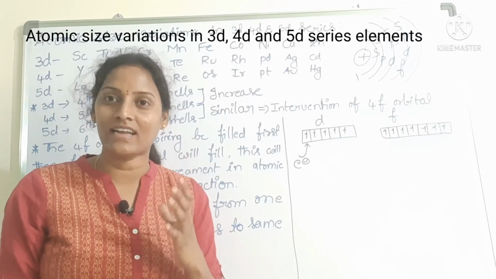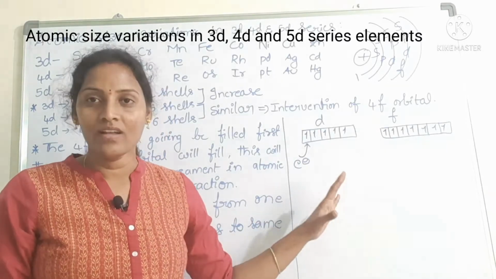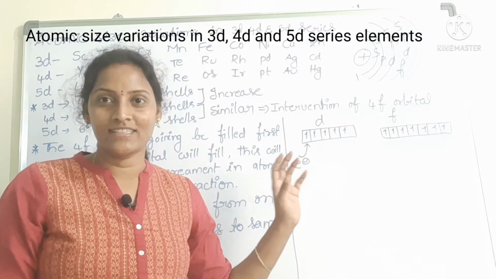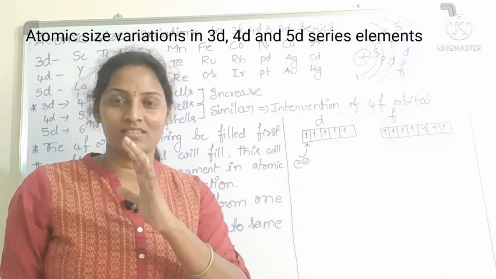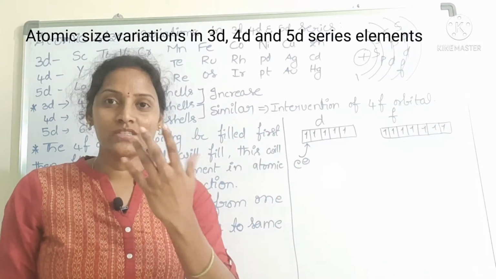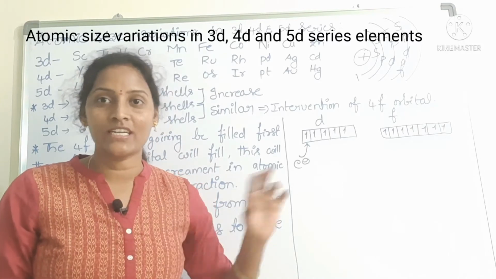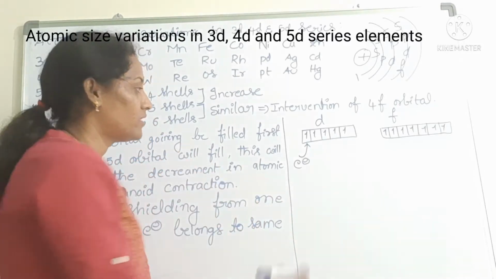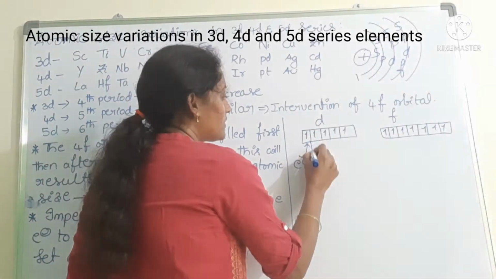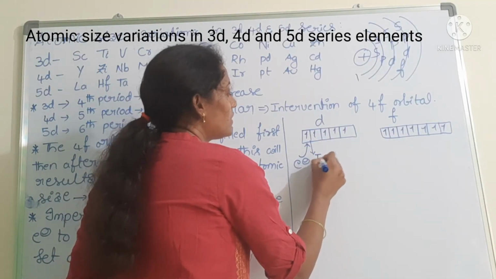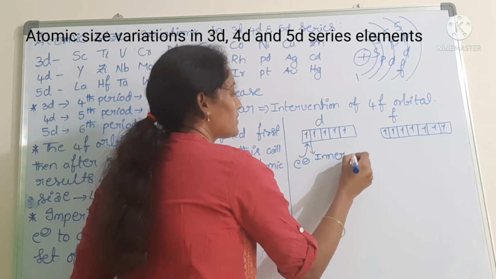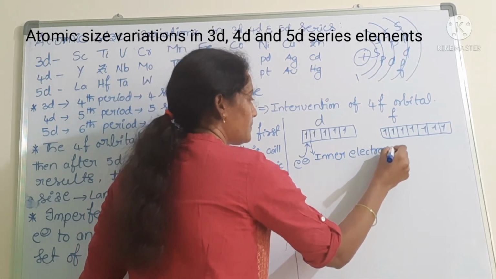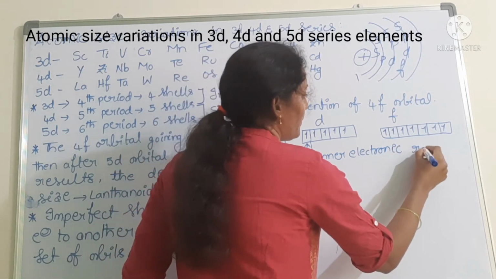So the outer electron tries to enter inside, but the inner electron opposes it. Some repulsions will be generated between these two electrons, inner electron and outer electron. Those repulsions are nothing but inner electronic repulsions.